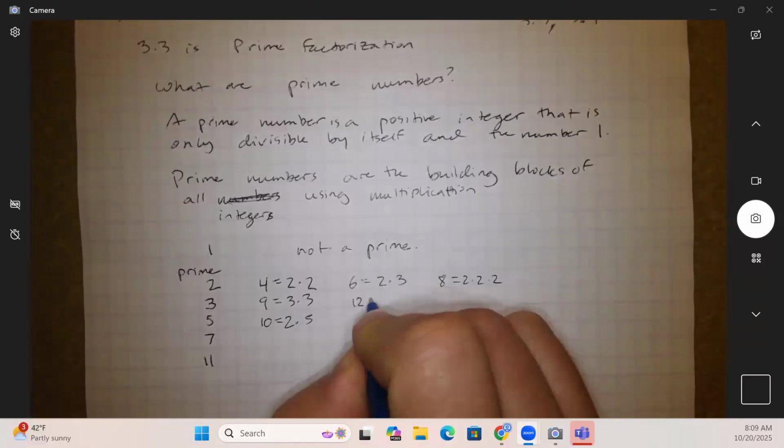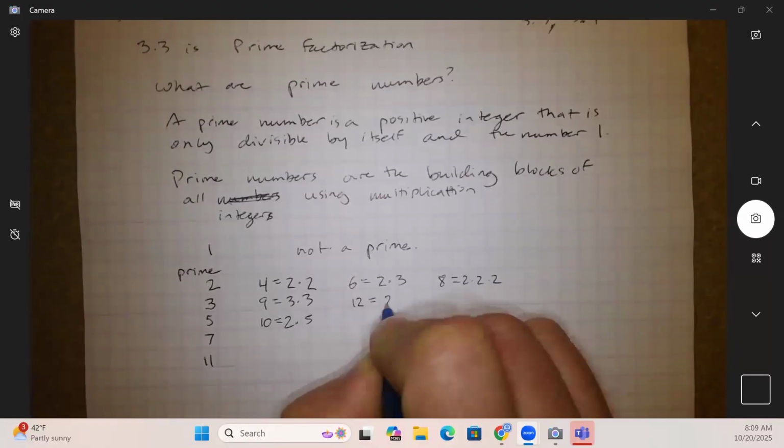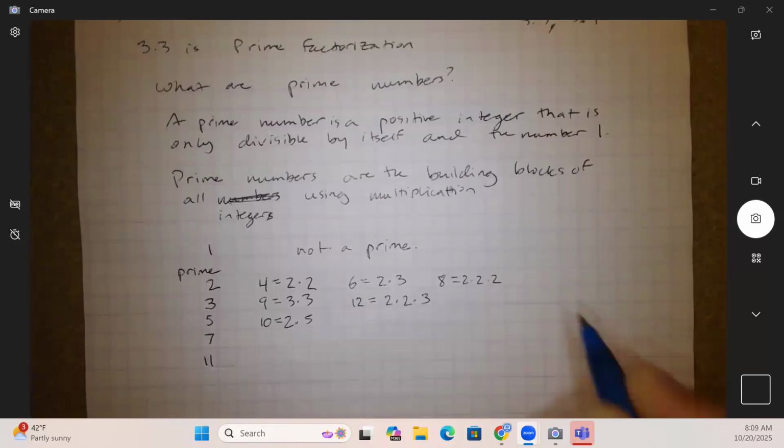I can put it here. 12 is 4 times 3, but if I want to write it using only primes, it's 2 times 2 times 3. This is a different version of that grid I showed this class last time, where I started with all the numbers from 1 to 100, and then I chopped out the ones that were multiples. And here I'm building it up, but it's the same idea.